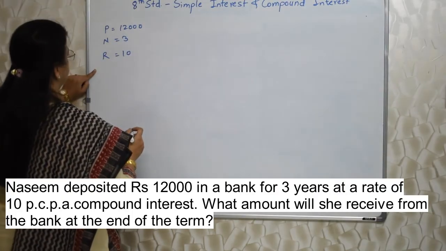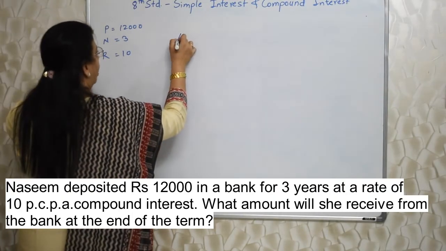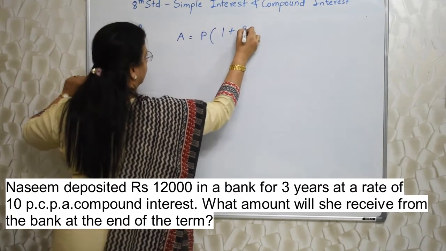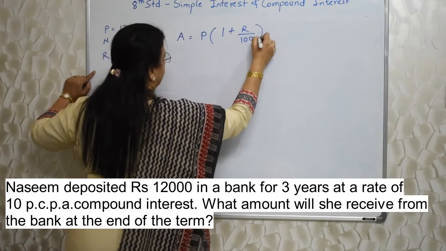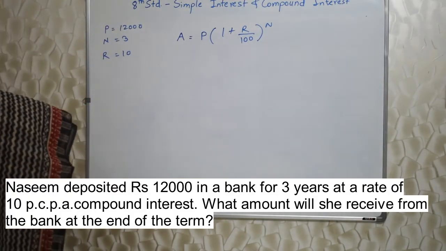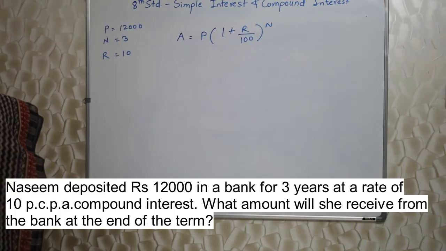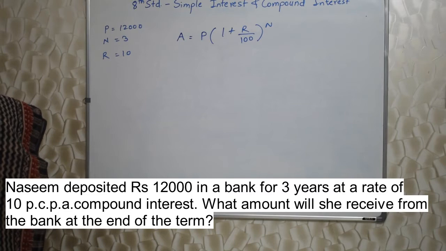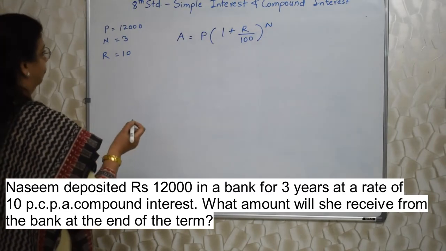Once you know this, to find out amount, compound amount, the formula is raised to n, right? They are asking us amount. What is the amount? They are not asking us interest, right? What amount will she receive from the bank? That is the amount.